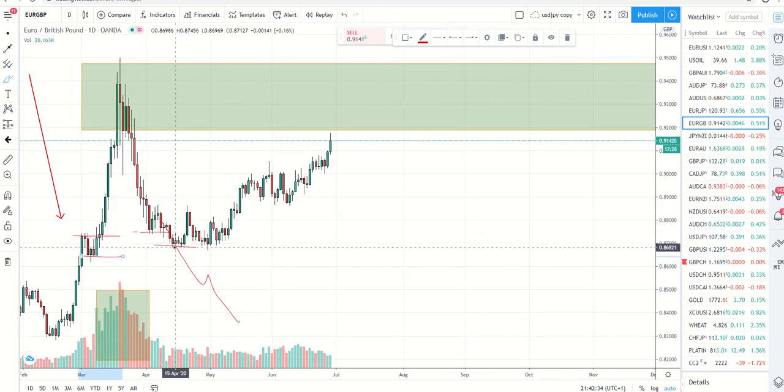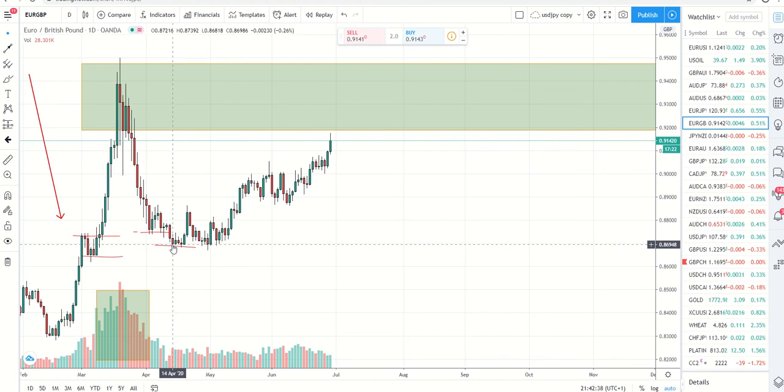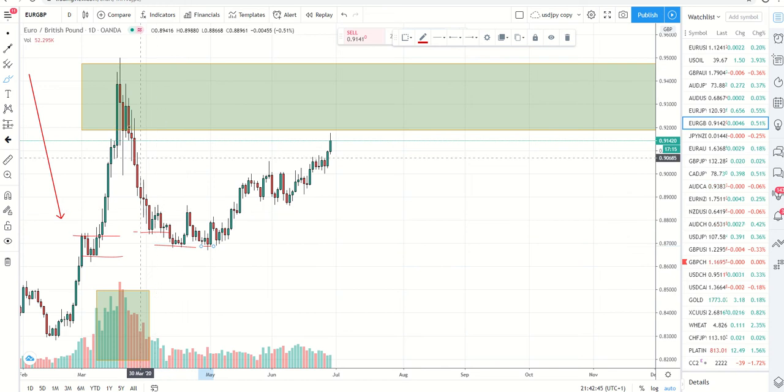We didn't really take out that low after that either. So we've come down, little pullback, we've come down, big pullback, we've come down, W formation, we've come down. We didn't hit the low this time.